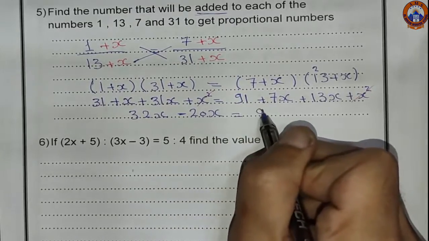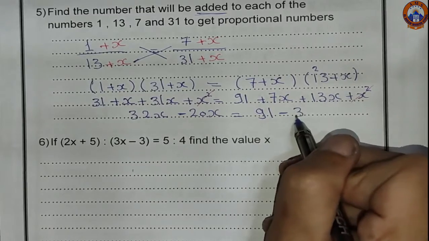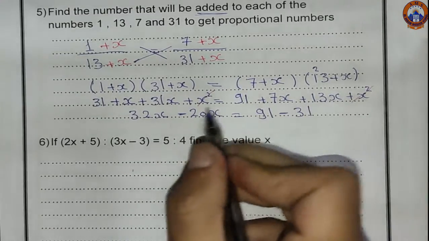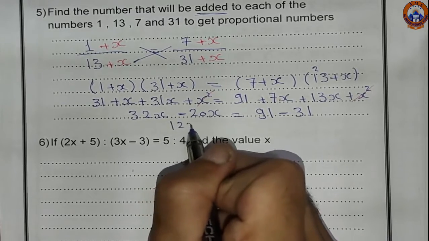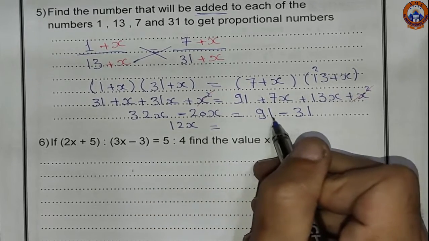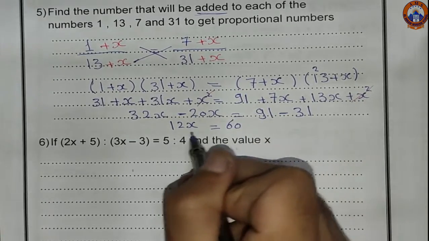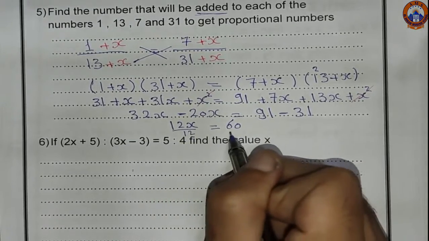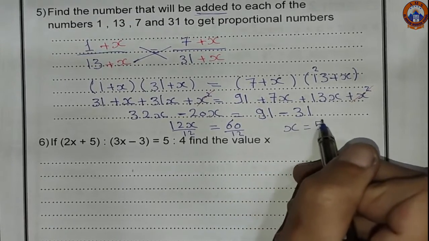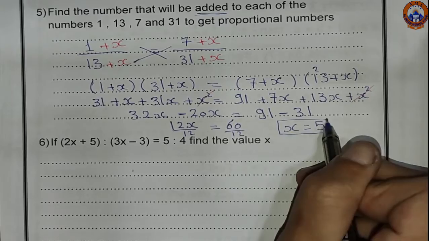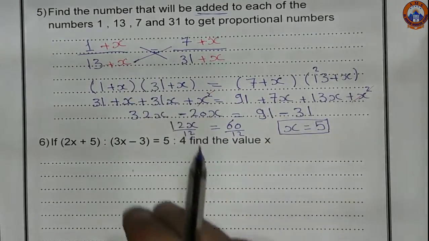And here we have 91 minus 3, so I move 3 to the other side. 4x minus 20x is 12x, and 91 minus 3 is 60. If we divide both terms by 12, the number x equals 5. And this is the number that should be added to the two terms of the ratio to make it proportional.